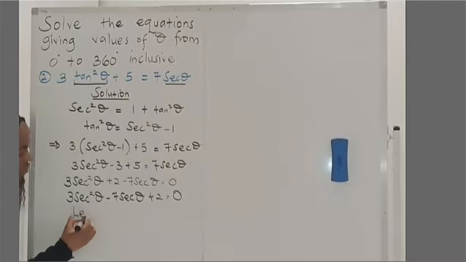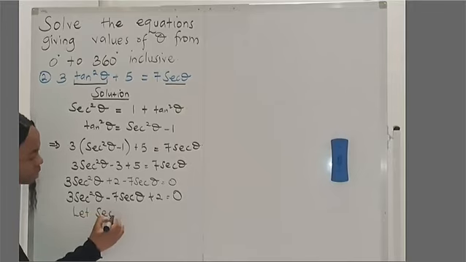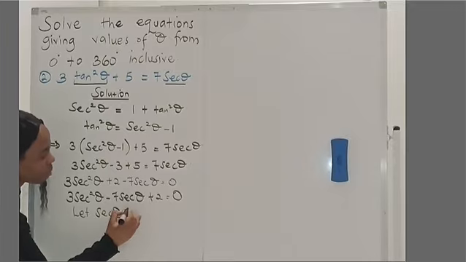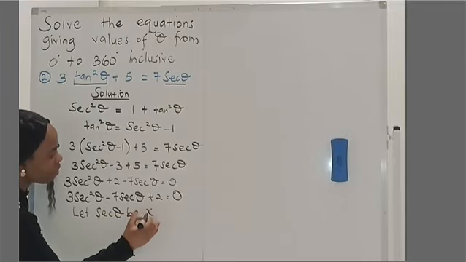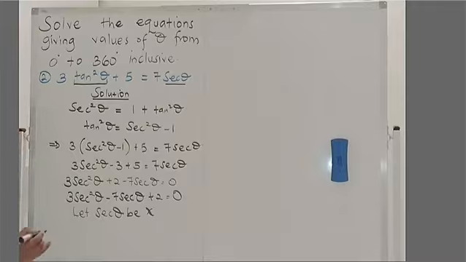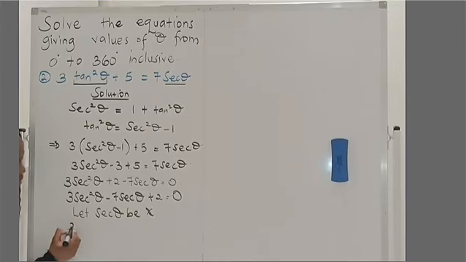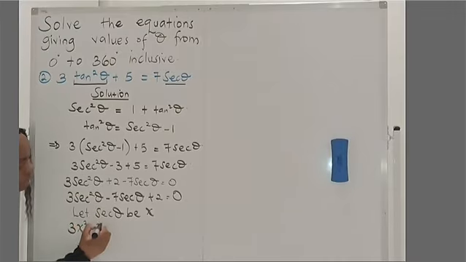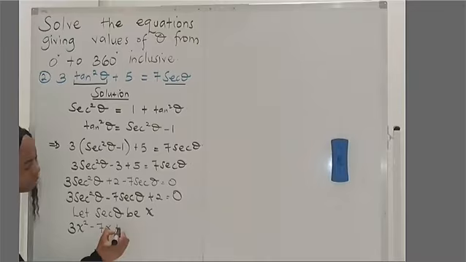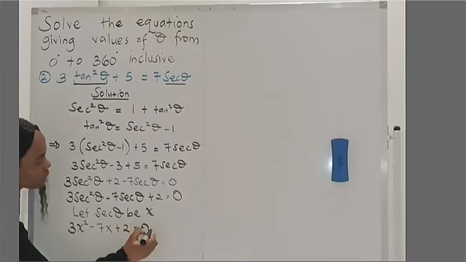Now you let sec theta equal to any variable. Let us name it x. Okay, now this is going to be 3x squared minus 7x plus 2 equaling to 0.